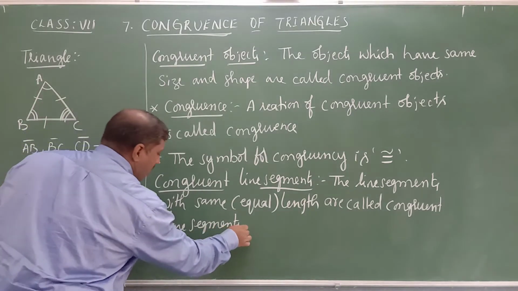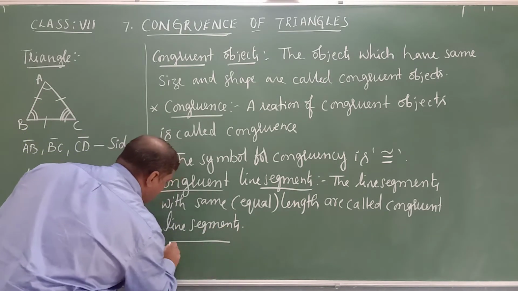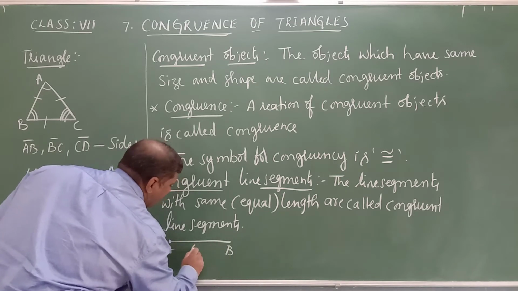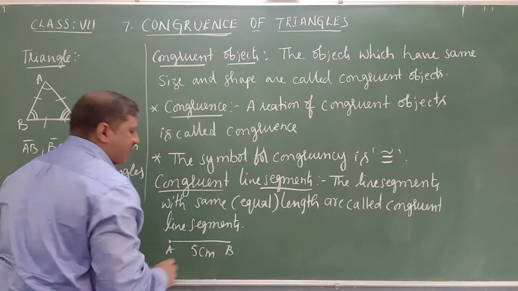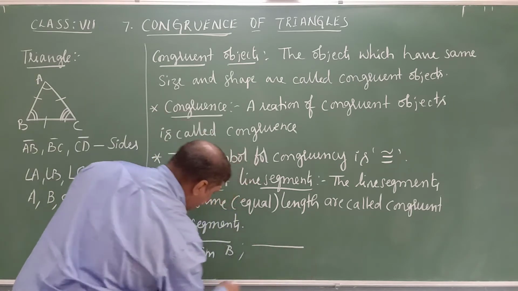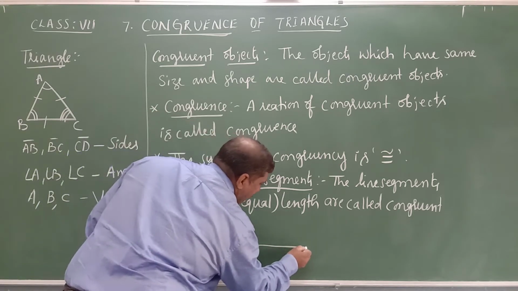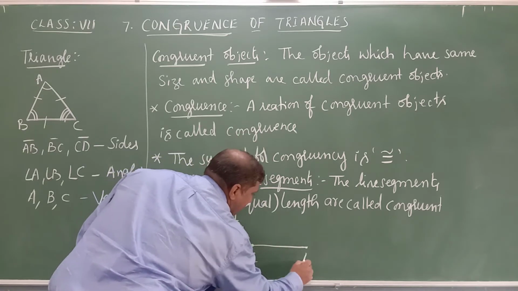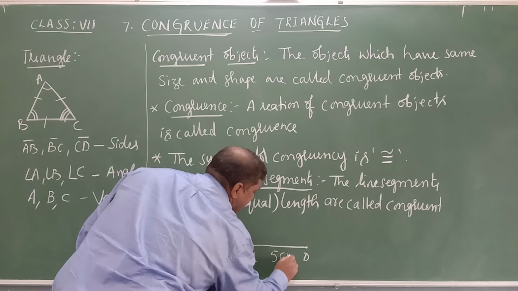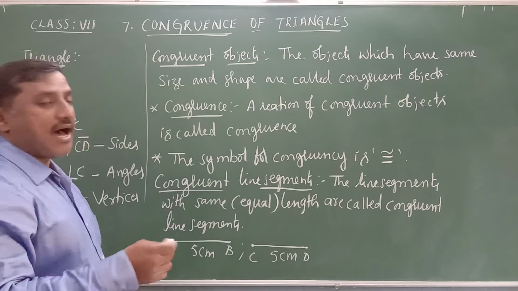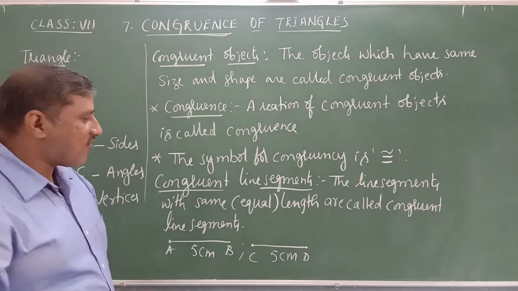See, for example, let AB be a line segment with measurement 5 centimeters, and one more line segment CD, also equal to 5 centimeters. Yes, AB and CD both are line segments and their lengths are equal.